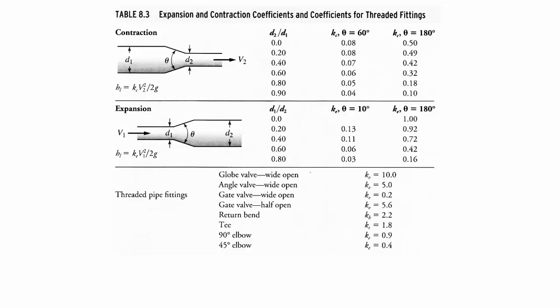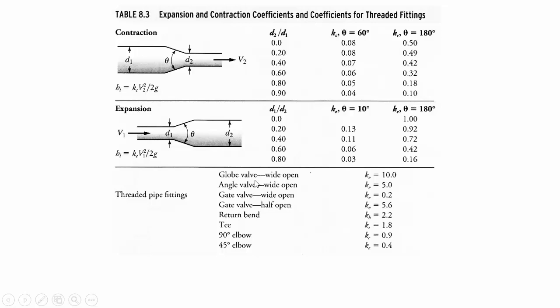So there's going to be a lot more turbulence and therefore a greater amount of energy loss in a case like that in comparison to a taper angle of 60 degrees. You'll notice that here the K values are much lower than they are for the flat transition. A similar effect is true for the expansions. The K values are larger for a more dramatic 180 degree transition.